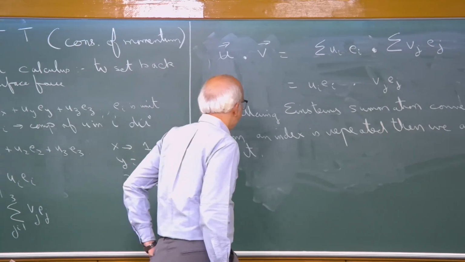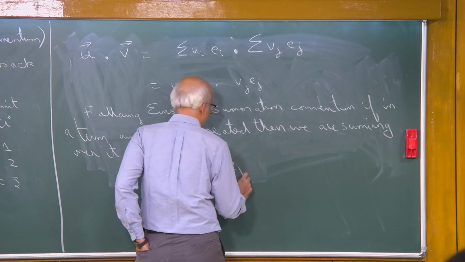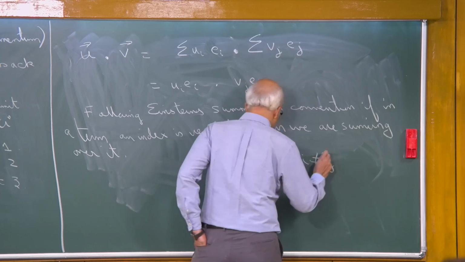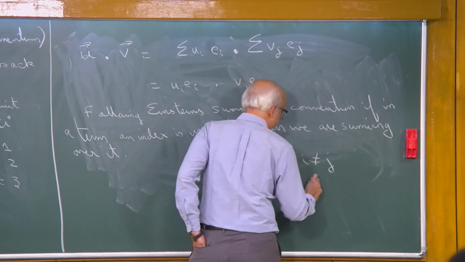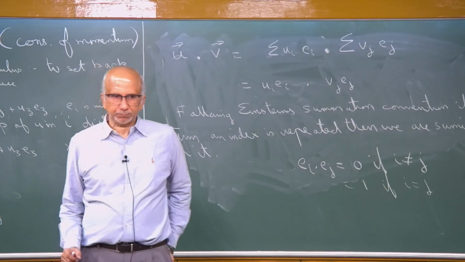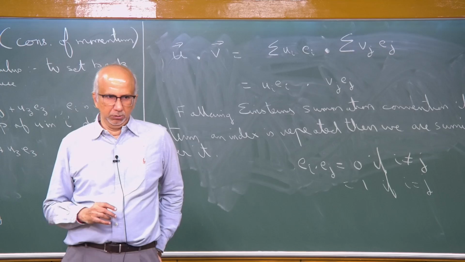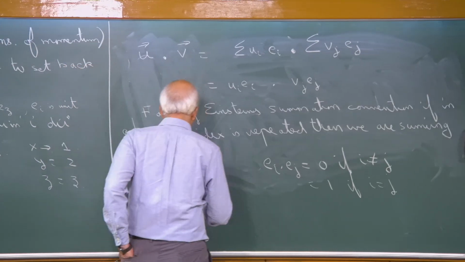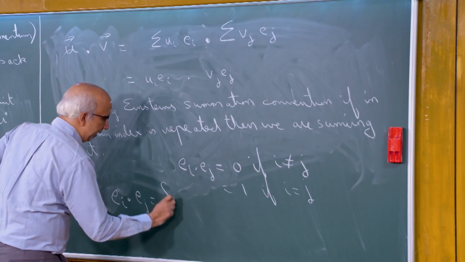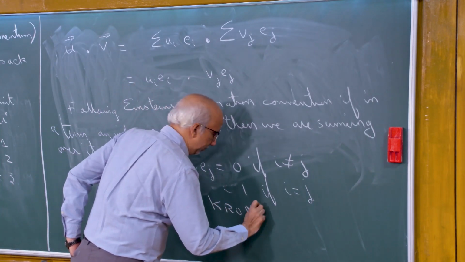Now what you know is ei dotted ej is equal to 0 if i is not equal to j and equals 1 if i equals j, right. If i is not equal to j, there are two different coordinates, because of orthogonality they are 0. So what can we do? We can write ei dotted with ej as delta ij, which is the Kronecker delta.